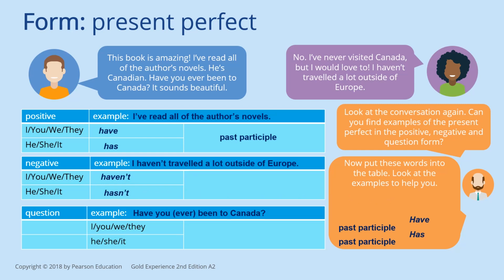And what's after that? Yeah, the past participle. And in questions, have and has run to the beginning. So we ask, have I, have you, have we, have they? And has she, he, or it? And of course we follow have with a past participle.